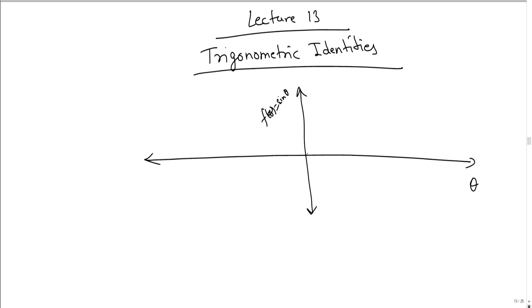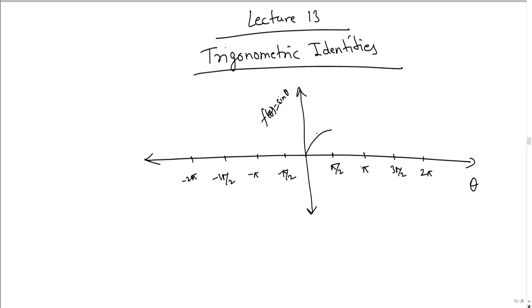At 0, the value is 0. At pi by 2, the function takes its maximum value. Let's say here you have pi by 2, pi here, 3 pi by 2 here, and 2 pi here. Similarly, in this direction, minus pi by 2, minus pi, minus 3 pi by 2, minus 2 pi. This is how the function behaves.